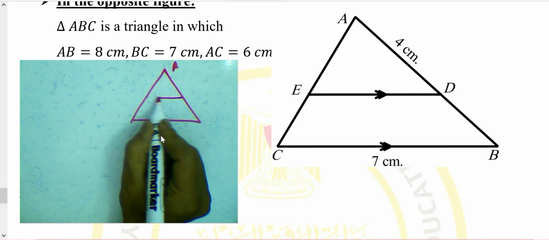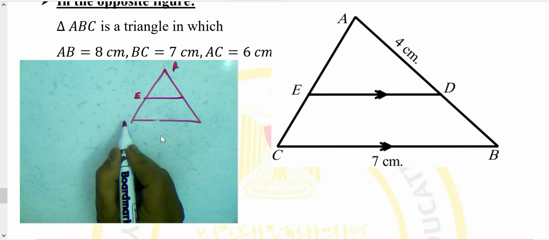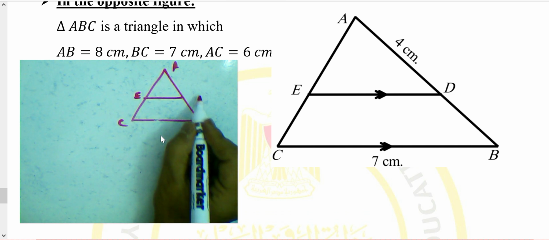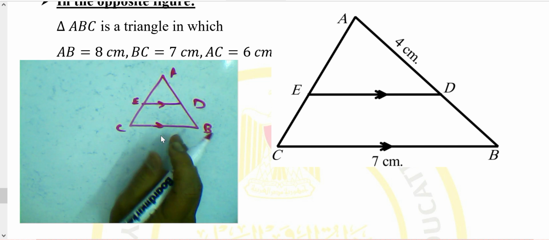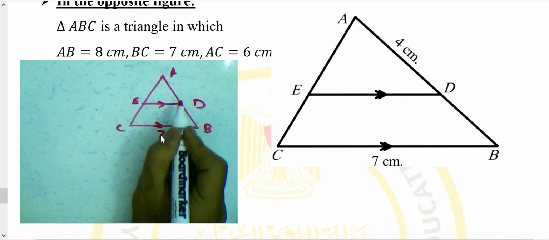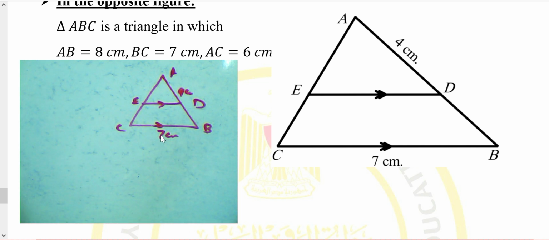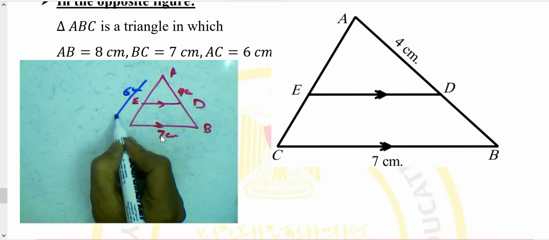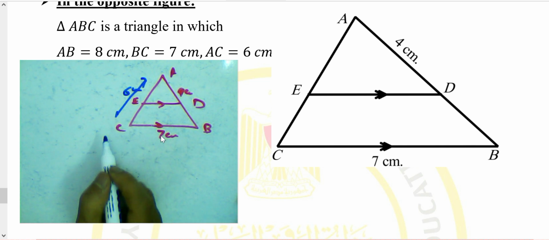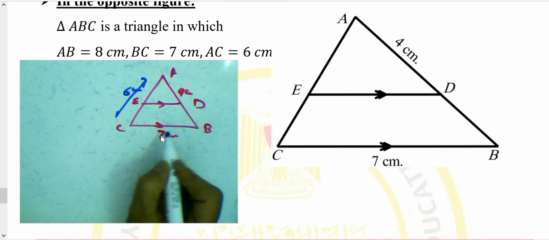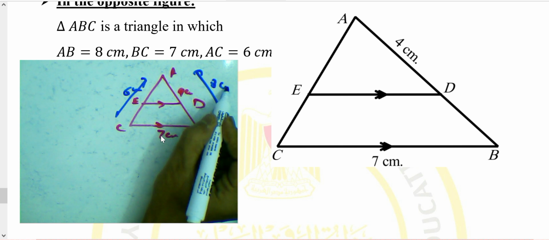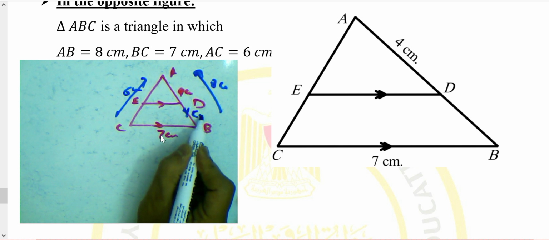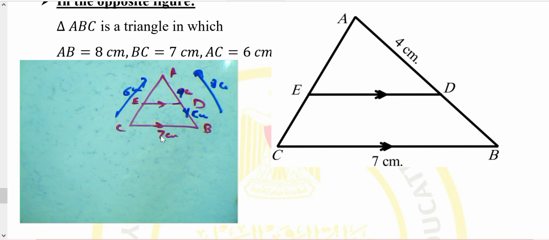We have E, C, D, and B. They are parallel here, 7 centimeters. This is 4 centimeters, and this side length AC is 6 centimeters. This side length is 6, and CB is 7, and we also have EA 8. Then this side length will be 4 because 4 plus 4 equals 8.